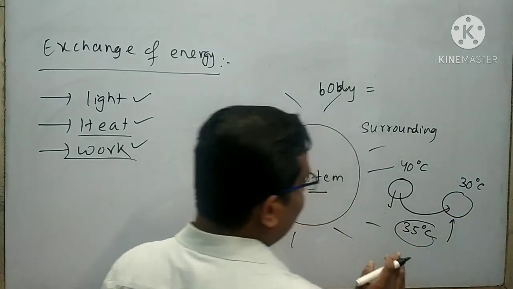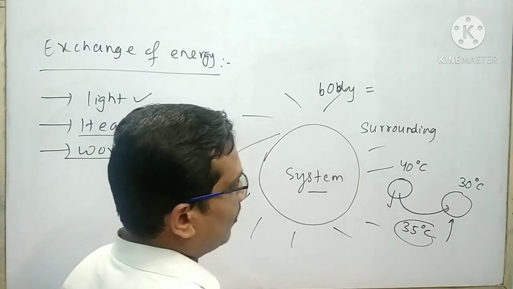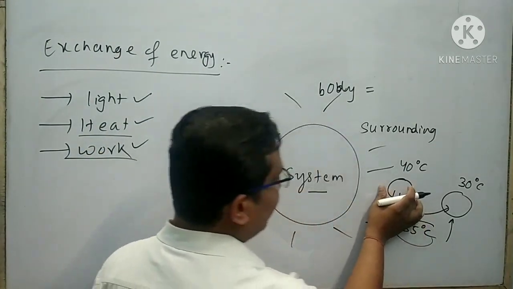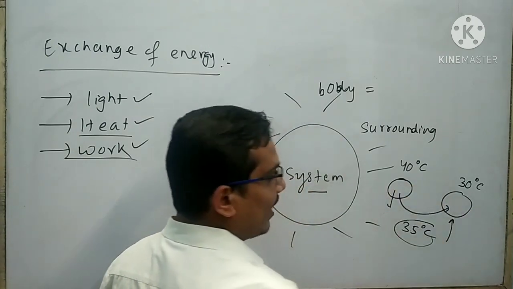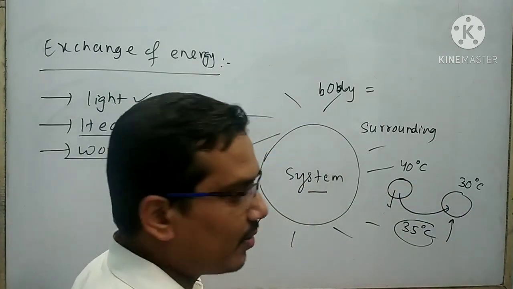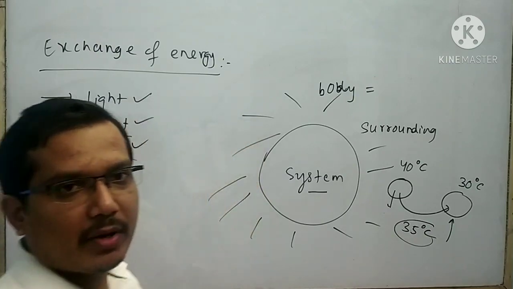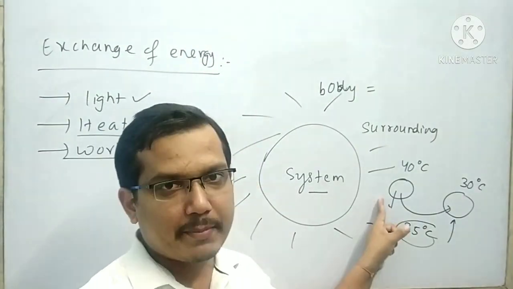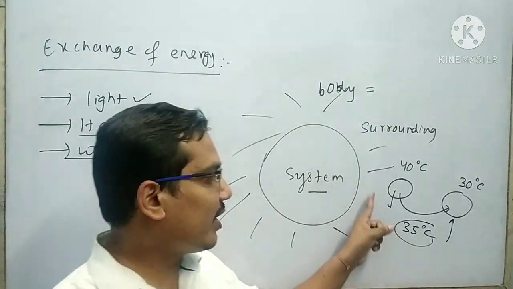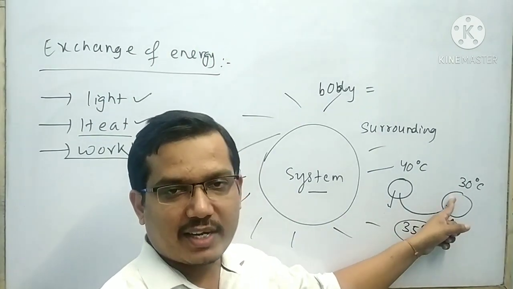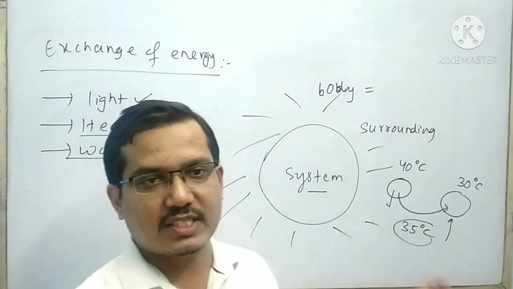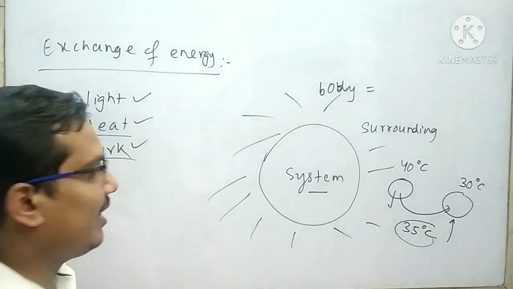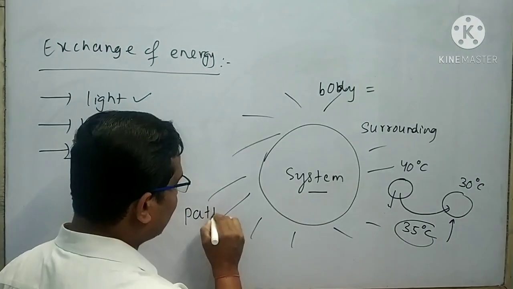Then there is no flow of heat from this body to this body because these two bodies attain thermal equilibrium. So remember, a body at a higher temperature transfers heat energy to the body at a lower temperature until thermal equilibrium is established. Heat is a path function.